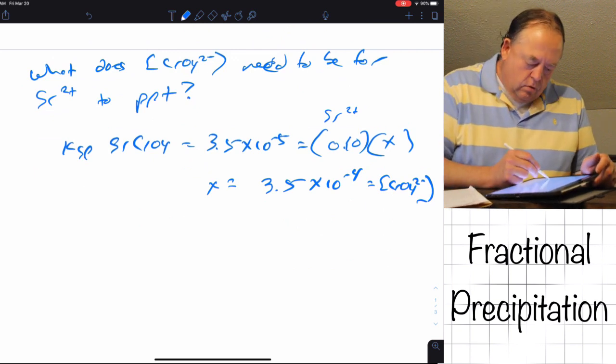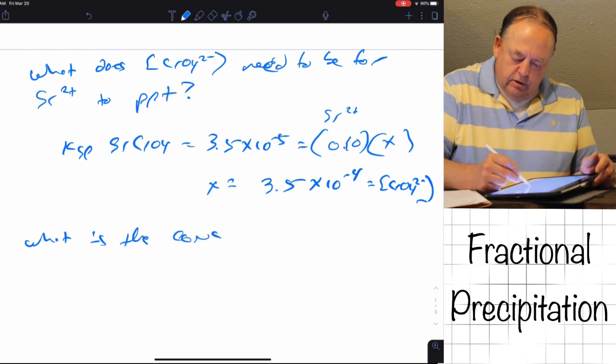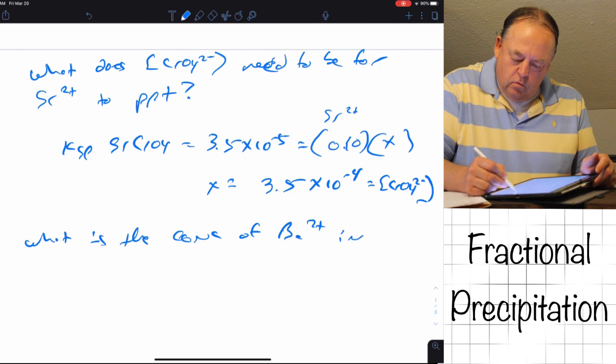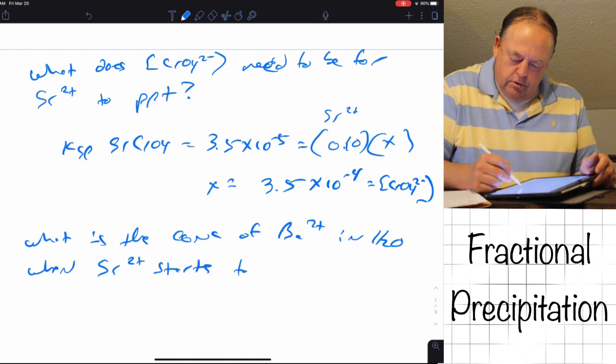Okay, so what is the concentration of barium ions in water when strontium starts to precipitate?